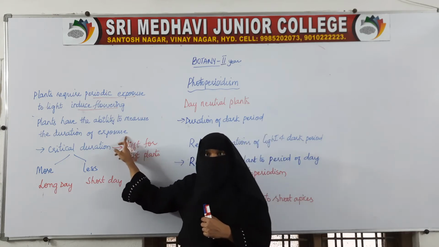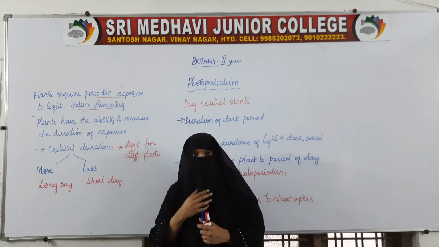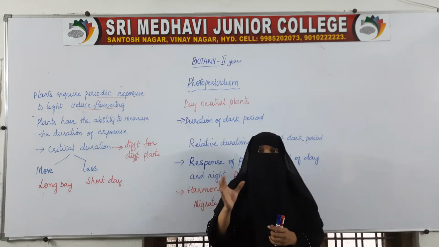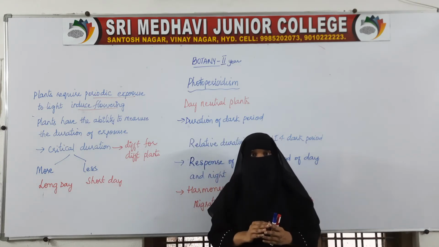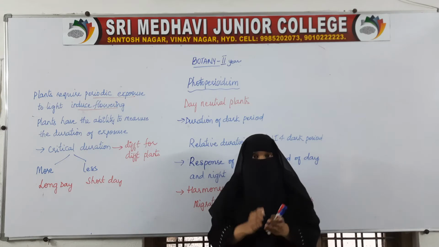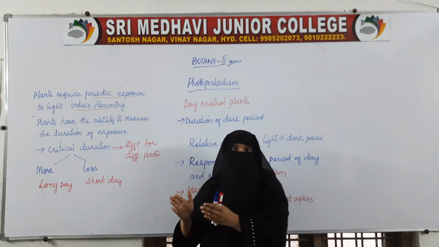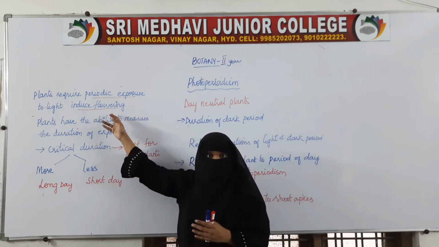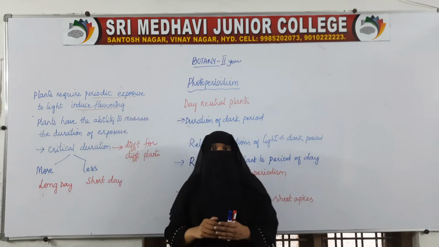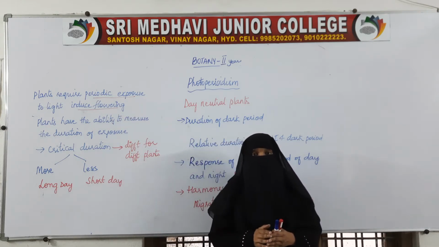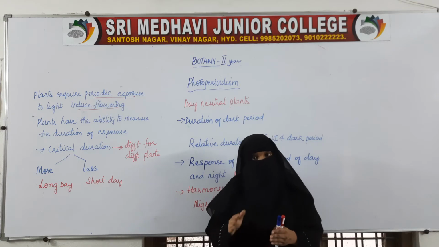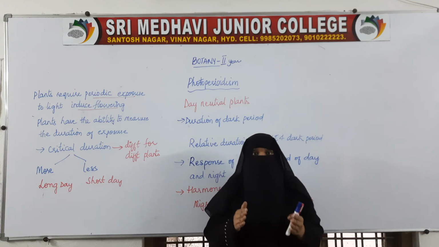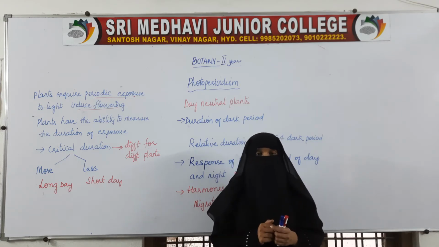So, the critical duration, a standard measure we take. For example, the critical duration is 10 hours. Some plants require more than 10 hours of sunlight to produce flowers, and some plants require less than 10 hours to produce flowers.